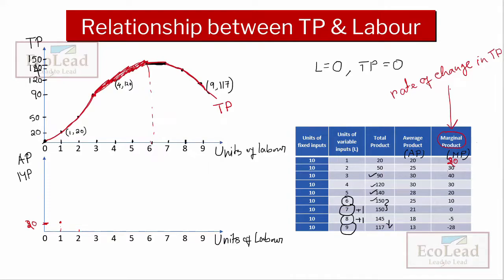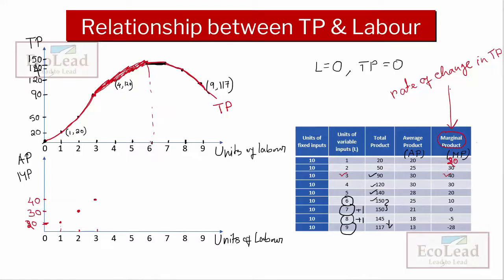When we engage the second labor, the marginal product is now 30. For the third labor unit, the value of the marginal product is 40. So for the third unit, the marginal product has even gone up.